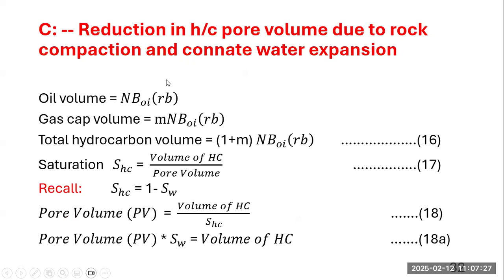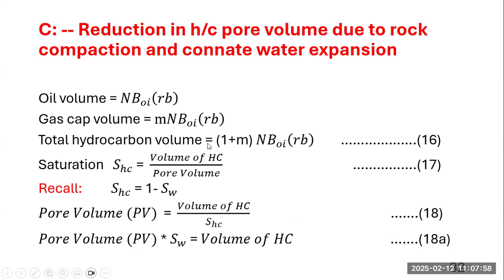So let's look at our C. We have done A, we have done B, now we're going to C. Your C is reduction in hydrocarbon pore volume due to rock compaction and connate water expansion. Your oil volume is still NBOI, and your gas cap volume from the relationship of your M is MNBOI.